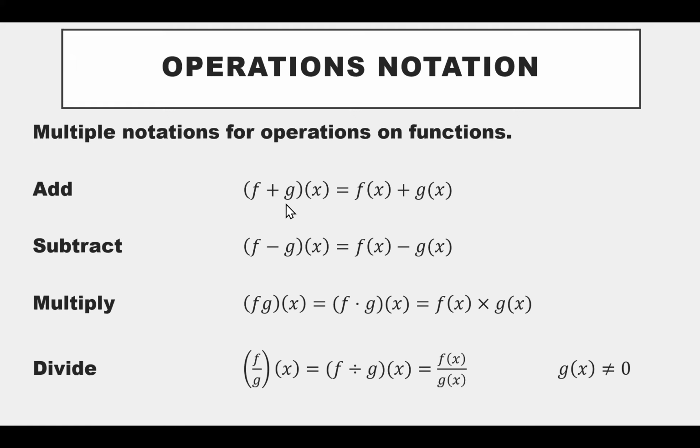When I add the two functions together, I create a new function. When I subtract the two functions, I create a new function. When I multiply the two functions, I create a new function. When I divide two functions, I create a new function. If I did any of those other operations or combinations of these operations, I'd create a new function. There's one more operation that we're going to look at.